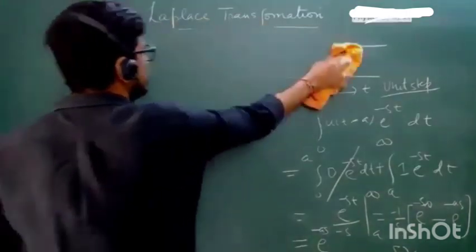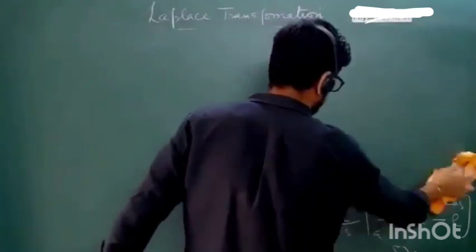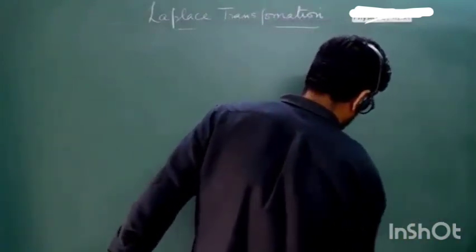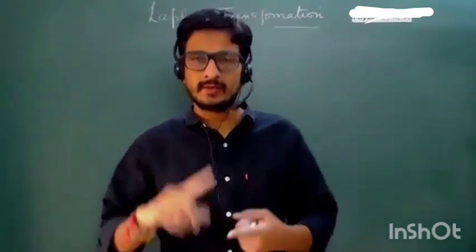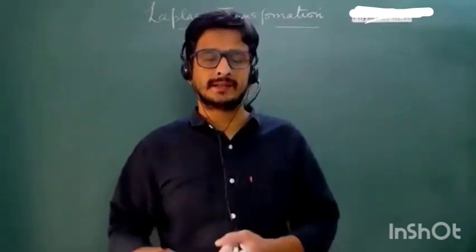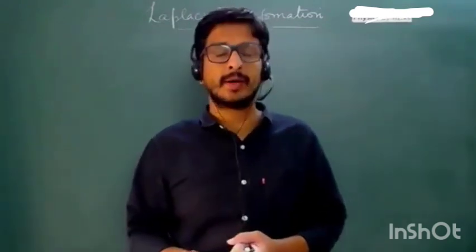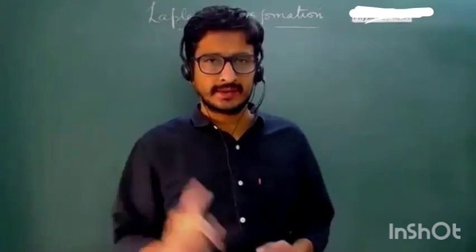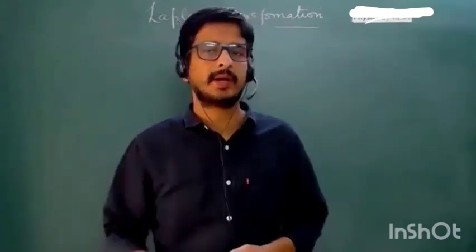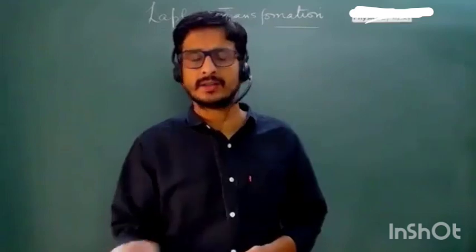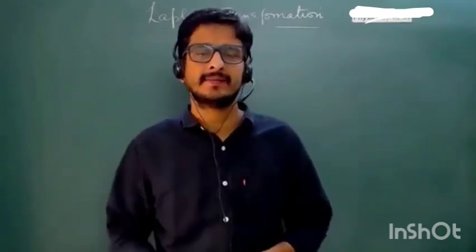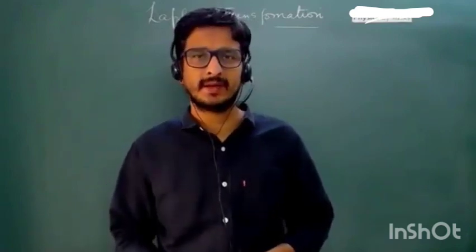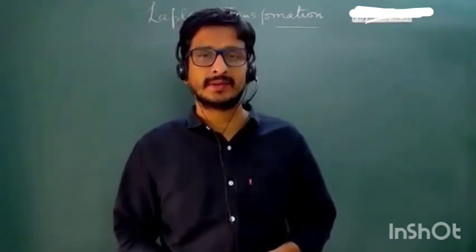So this much formula we should know if we want to calculate the Laplace of so many things. You should remember that the Laplace of 1 is 1 by s, e to the power at is 1 upon s minus a. Then sine hyperbolic at is a upon s square minus a square. Cos hyperbolic at is s upon s square minus a square. Then sine at is a upon s square plus a square.